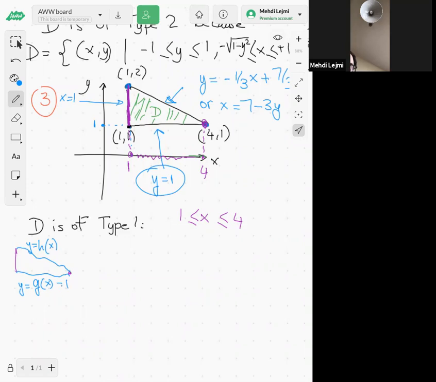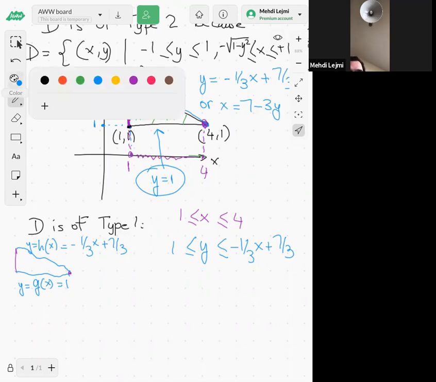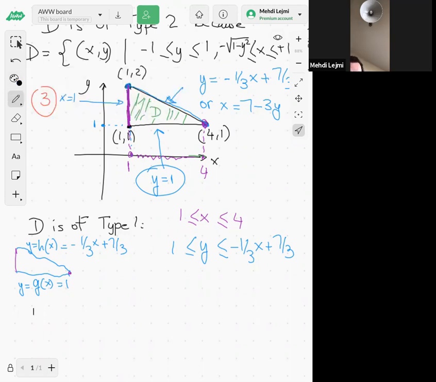And in the top, that will be the hypotenuse, y equals negative 1/3 of x plus 7/3. So y is between the graphs of these two functions, g of x and h of x, so y is between 1 and negative 1/3 x plus 7/3. And so it's of type 1, and you can also say that D is actually of type 2.